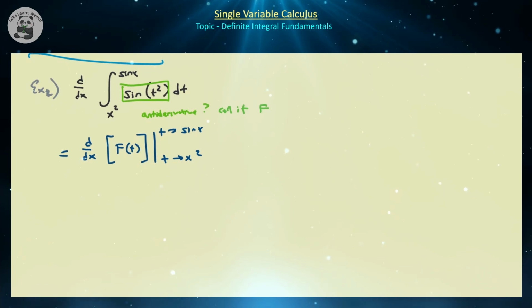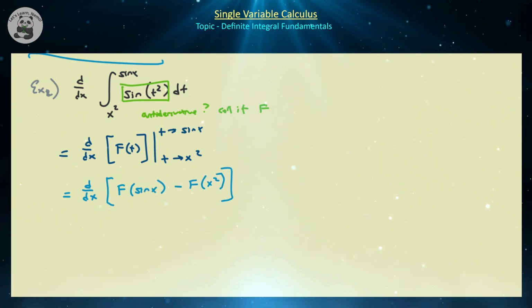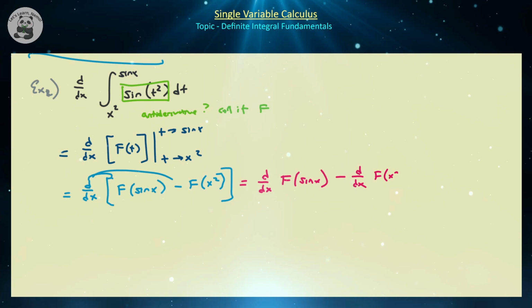Once you have that, that's going to give us the derivative with respect to x of F of sine of x minus F of x squared. Derivatives are linear operators, so we can distribute that over. We're going to have the derivative of F of sine of x, which is definitely a function composition, and then the derivative of F of x squared.